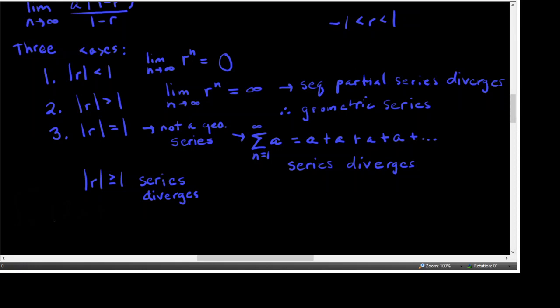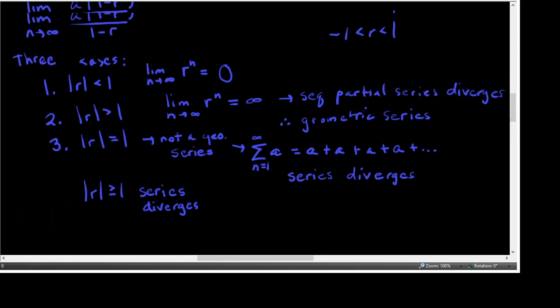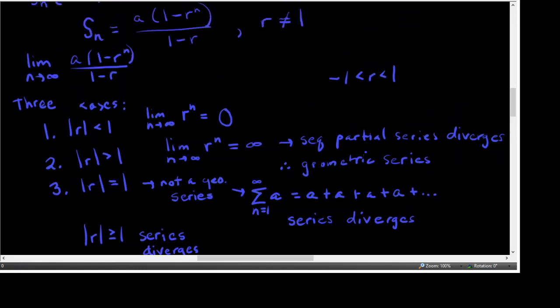So let's go back up to that limit that we were working on of the sequence of partial sums. First of all, only if we have absolute value of R less than 1, this is the only time this does this. So that's a necessary condition to do what I'm about to write.